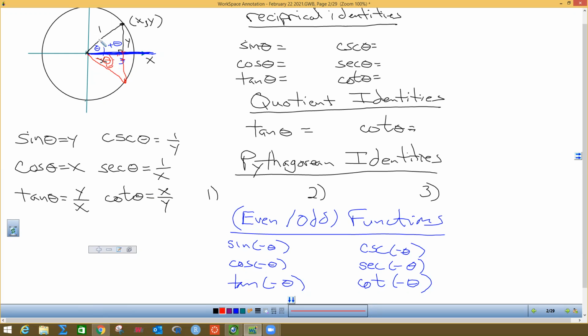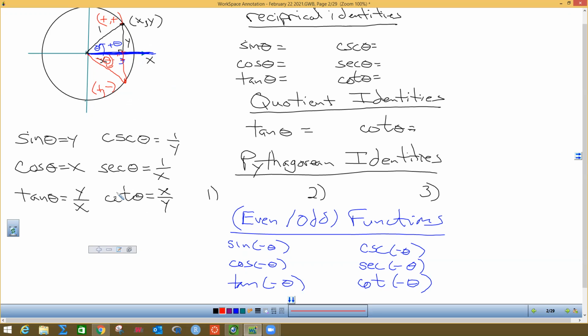Fourth quadrant. Can you guys tell me, up here in the first quadrant, what's x and y always? Positive. This is positive. This is positive. Right? Y'all good with that? Okay. What happens in the fourth quadrant? X is what? Positive, because I'm still going right, and y is negative, because I'm going down, right?